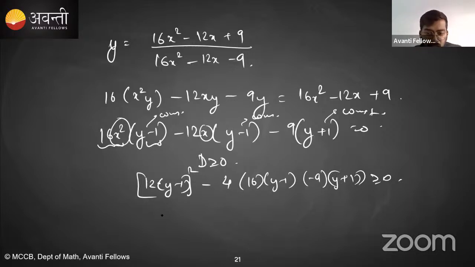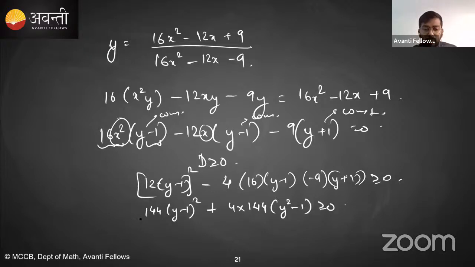So this becomes 144 times y minus 1 whole square, plus 4 times 16 times 9, which is 576, times y minus 1 into y plus 1, which is y square minus 1, greater than or equal to 0. 144 gets cancelled. This becomes y minus 1 whole square plus 4y square minus 4 greater than or equal to 0.